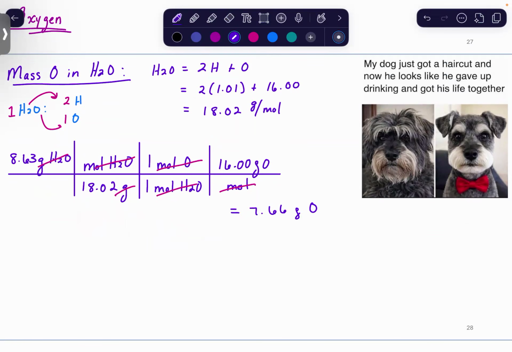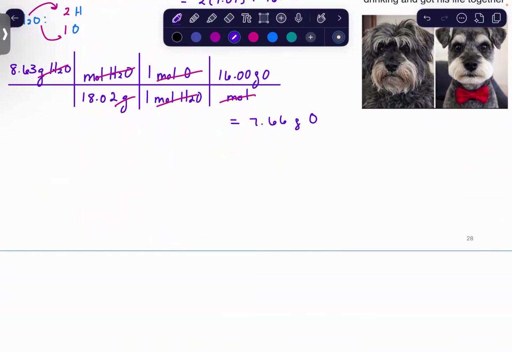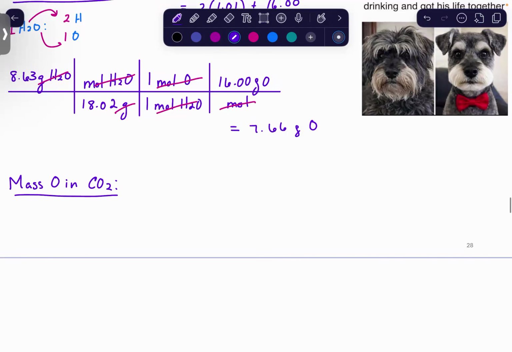Okay, I also need to know the amount of oxygen that's in the CO2, because I have to account for all of the oxygen in my products. And then I have to look at that in terms of my reactants. So remember we have 18.06 grams of CO2.